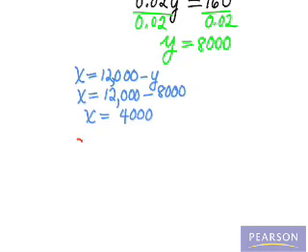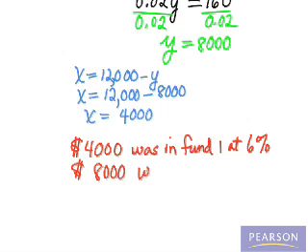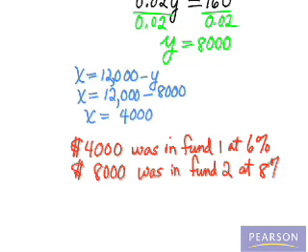So $4,000 was in Fund 1 at 6%, and $8,000 was in Fund 2 at 8%.